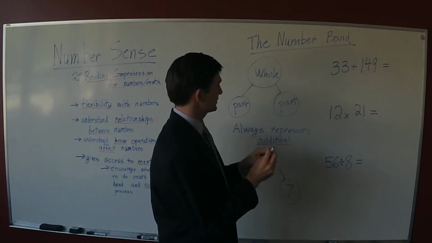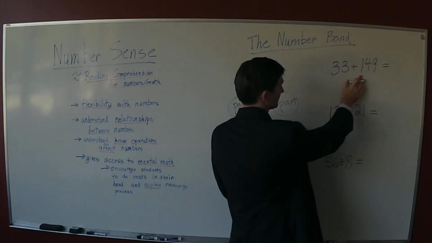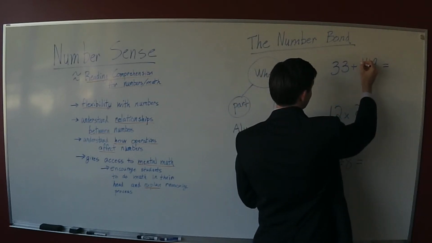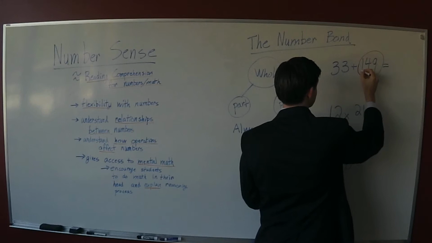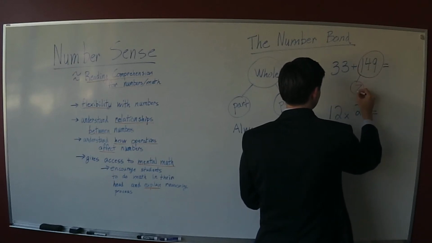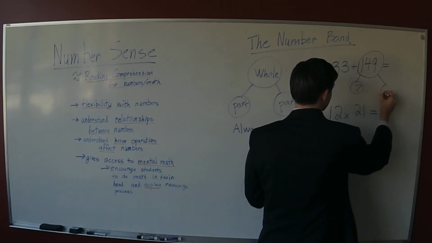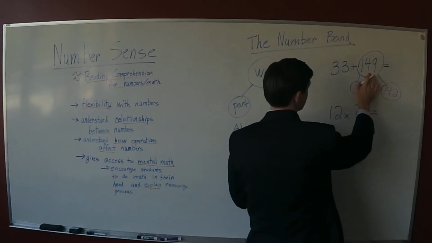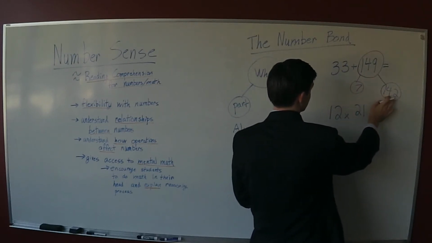If we're looking at an addition problem like this one, 33 plus 149, we may realize that I can take 7 from this. I can take 7, and that will leave me with 142. Right? So I'm splitting 149 into 7 and 142.